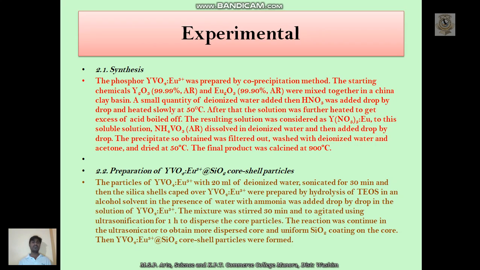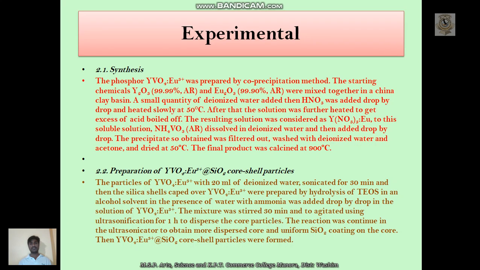The preparation of YVO4 capped with SiO2 core-shell is as follows. The YVO4:Eu3+ with 20 ml of deionized water was sonicated for 30 minutes. The silica shell cap on YVO4:Eu3+ was prepared by hydrolysis of TEOS in an alcohol solvent in the presence of water, with ammonia added drop by drop to the solution of YVO4:Eu3+.